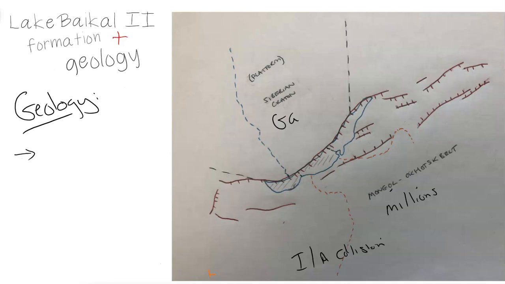So you do have a lot of sedimentary rock underneath these rivers. Now, there are about four or five major rivers that add water to Lake Baikal, and there's one river that really is the main outflow.